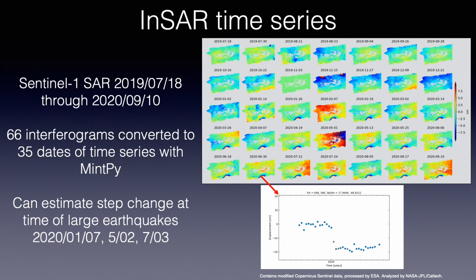One of the ways to minimize that atmospheric effect is to do a step function fit to the data from the time series, and I've done that for the time of large earthquakes in this area on the 7th of January, the 2nd of May, and the 3rd of July.